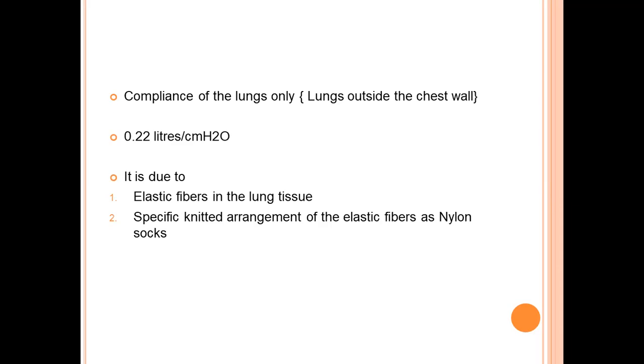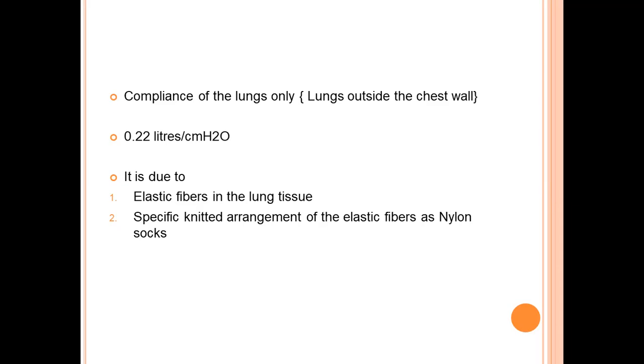If you see the structure of nylon socks, it has a particular knitted arrangement, and due to that, the stretchability of the nylon socks is very firm. If you lose the stretchability of these socks, their elastic properties will also be lost.